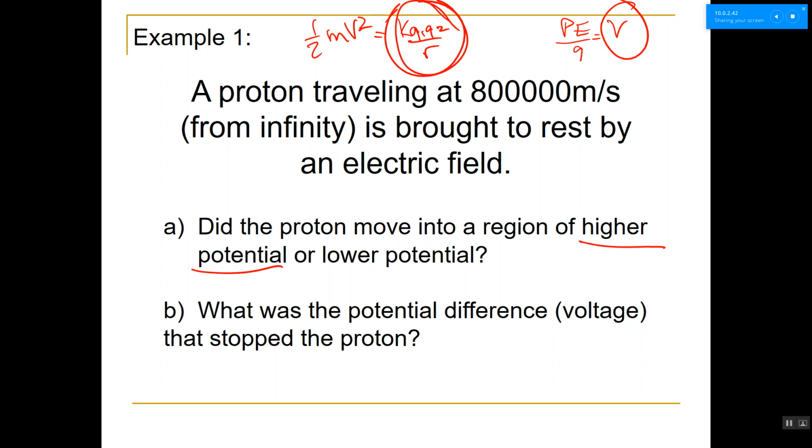First, find the kinetic energy. Assume that all that energy was converted to potential energy, and then find the amount of energy per charge to determine what the voltage is.